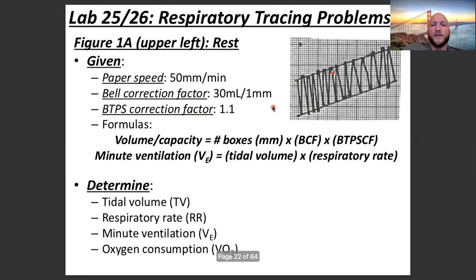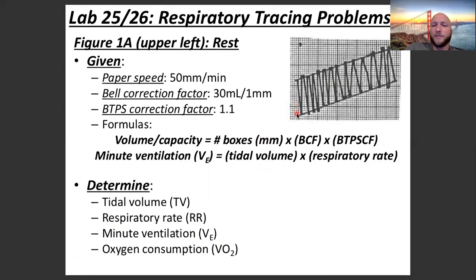By the way, this is just normal breathing. This is tidal volume right here. We want to determine tidal volume, respiratory rate, minute ventilation, and oxygen consumption. So let's get right into it.